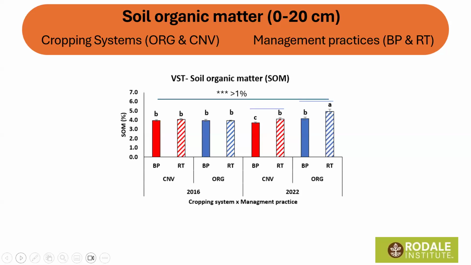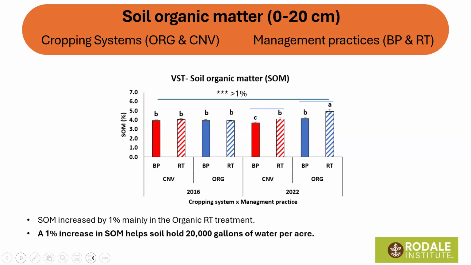The increase was statistically significant, by 1% of organic matter, and that was in the organic reduced till. It took 6 years to see this increase. And in 6 years, we found the decline as well in the conventional, as you could see here. But that increase is favorable for us because it gives you more stability in the soil.